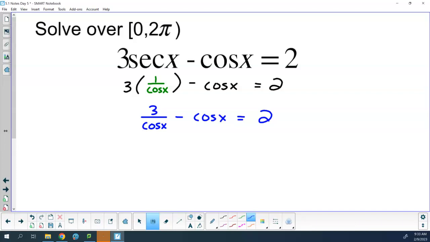Yeah. Okay. Oh yeah. Okay, so because we got a fraction, we either got to have common denominators in order to combine them on that side, okay? Or what's option 2?